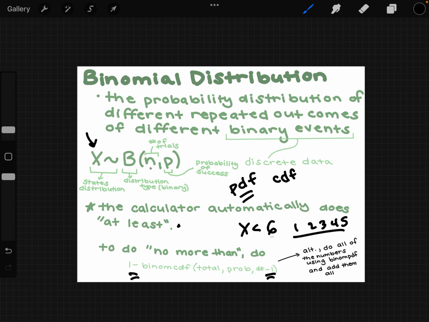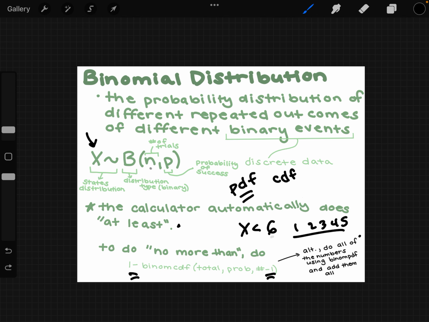Normally, if we're using binomial CDF, we would not do that minus 1, and we would just use the standard number of successes. I've written something off to the side here as well to keep in mind. Alternatively, and this could be easier if this method hurts your brain, you could do all of the numbers using binomial PDF and then add them all together.